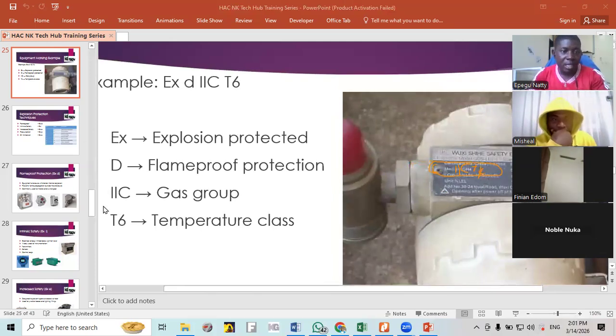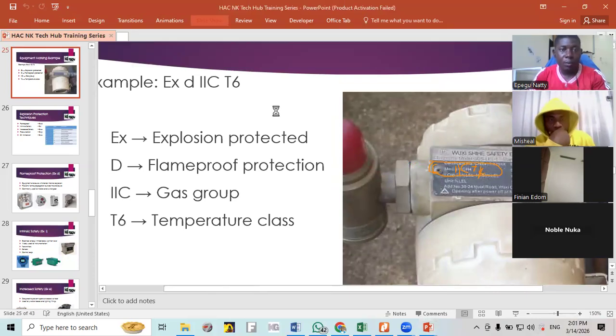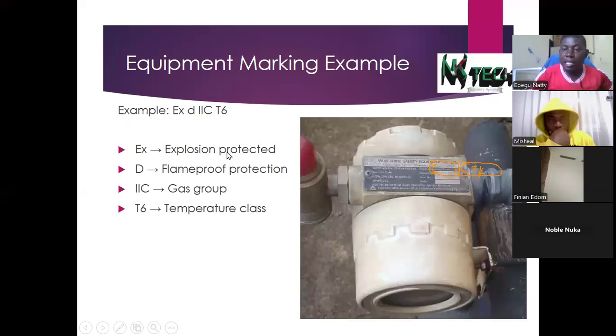So why is it Ex d IIC T6? You know, I mentioned earlier on that the IIC is the most severe. So if you have any equipment that has IIC, you know that that equipment can function both in IIA and IIB.